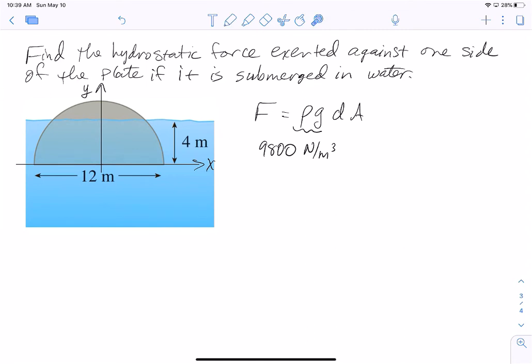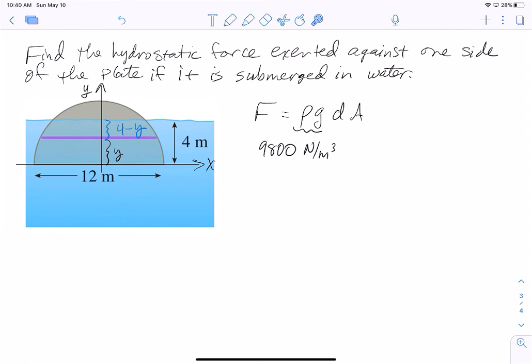And since y is pointing up in the positive direction, when we consider the width of a strip, which we'll need for the area, we can consider that the distance between the strip and the bottom of the plate is y, and so the distance between the top of the water and the strip is going to be 4 minus y meters.